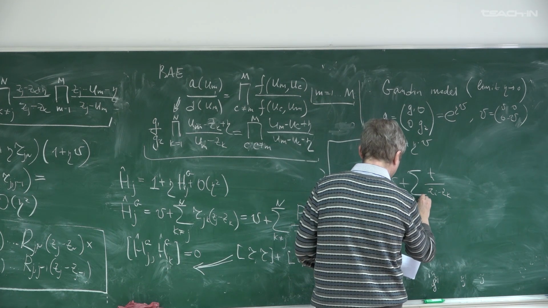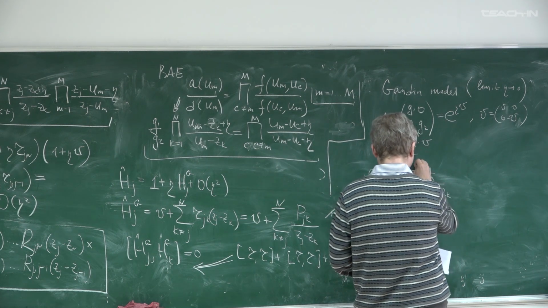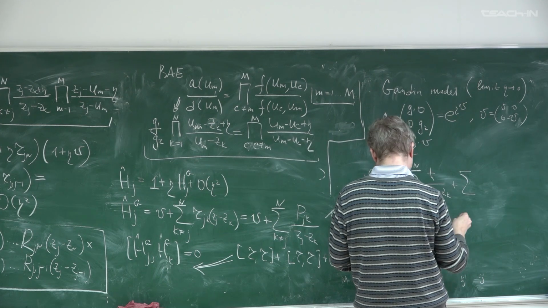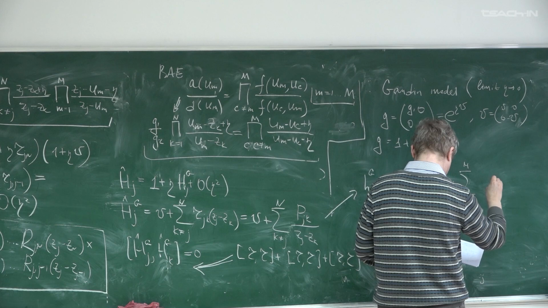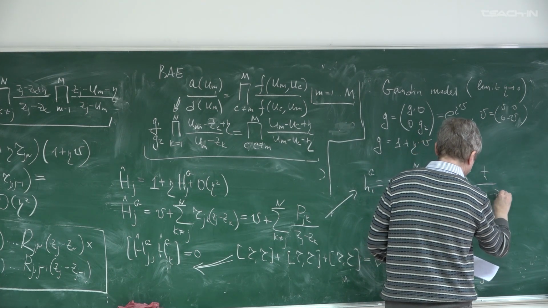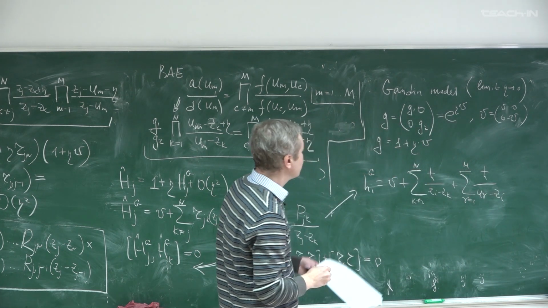This is a solution in our concrete case, in the case of gl2 and rational R matrix. Yes. So this is a set of eigenvalues.